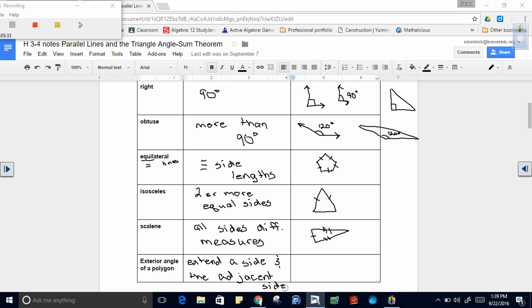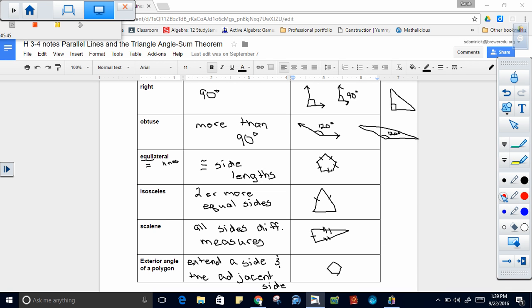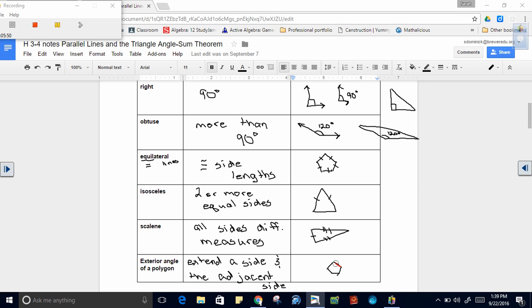Let's go back to that pentagon that evidently I really enjoy. So here's my pentagon. Not a very pretty pentagon. Your exterior angle is when you take one side of that pentagon, so let's take this one right here, and you keep drawing. And then the angle created by that side that you extended and the side that's right beside it.